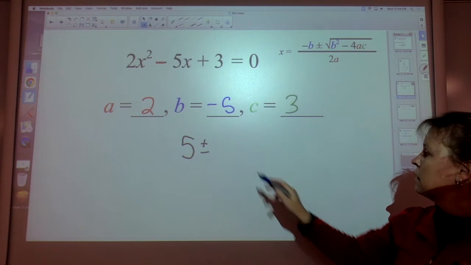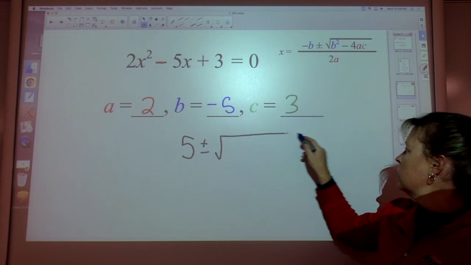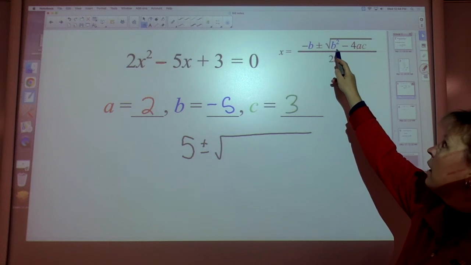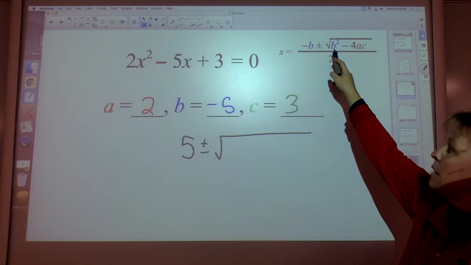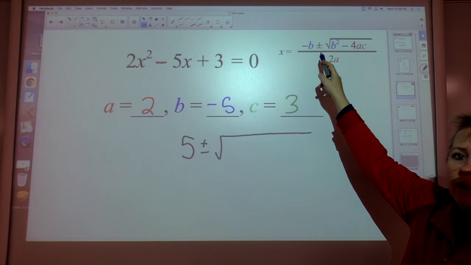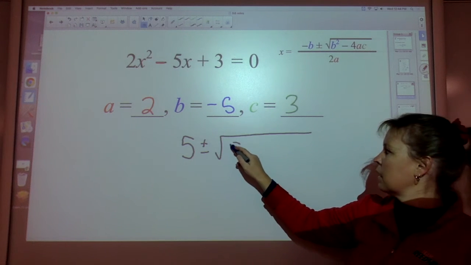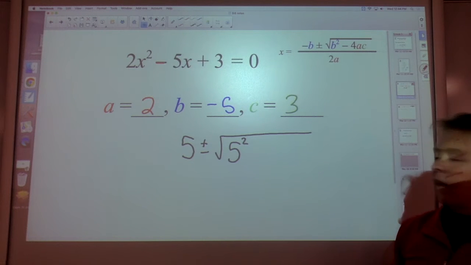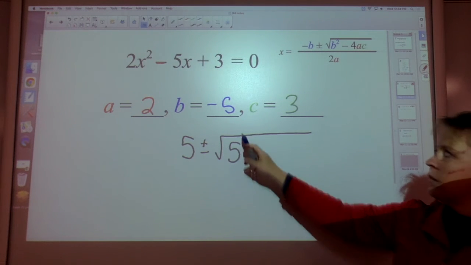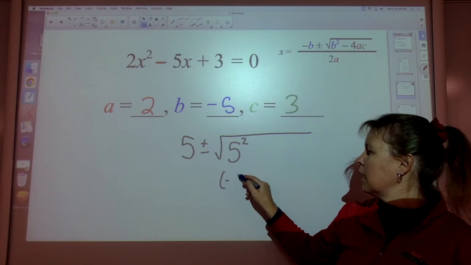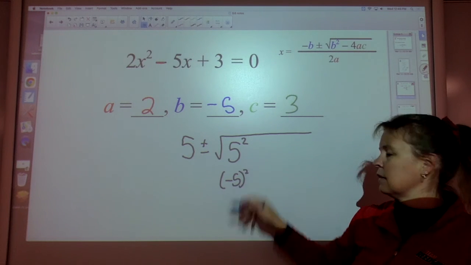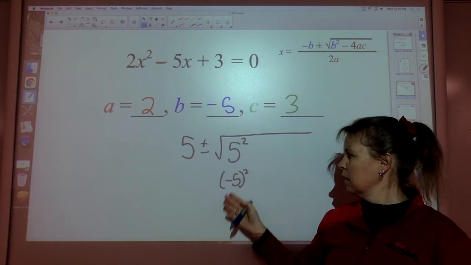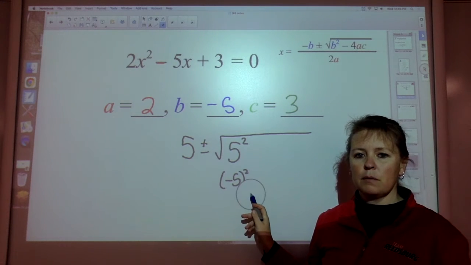Plus or minus the square root, make a big old square root, of b squared. Notice that it's b squared, not negative b squared. We're just going to take 5 squared. This number is always going to be positive, because we don't want to plug in a negative 5 in parentheses and square it when we know that any negative number when squared becomes positive.